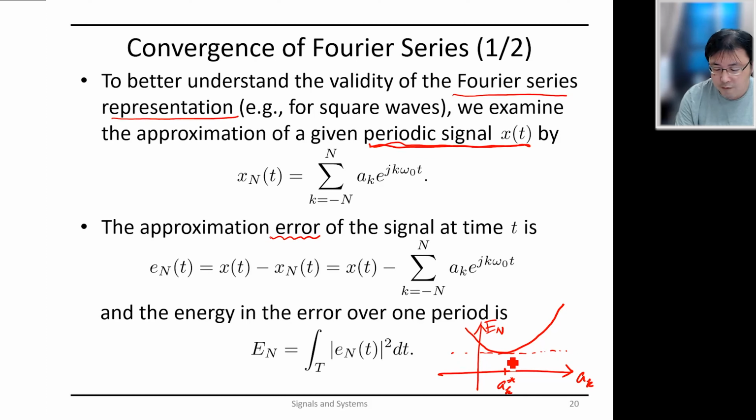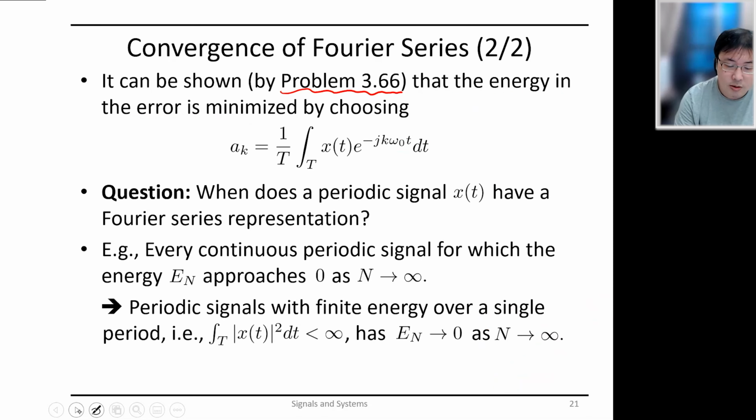Okay? So to find this point, you take the derivative of En with respect to AK and set it to 0. Okay? So if you do that, you'll be able to find that AK should be the Fourier series coefficient. Okay? So this is something you can do in the homework.